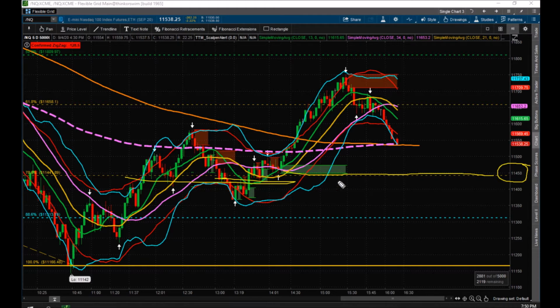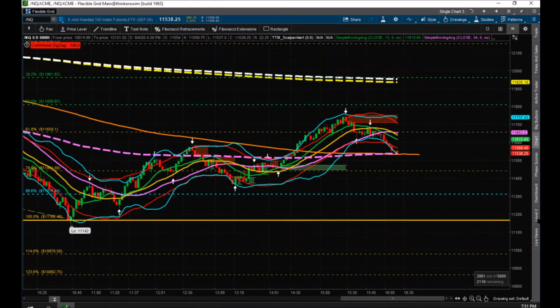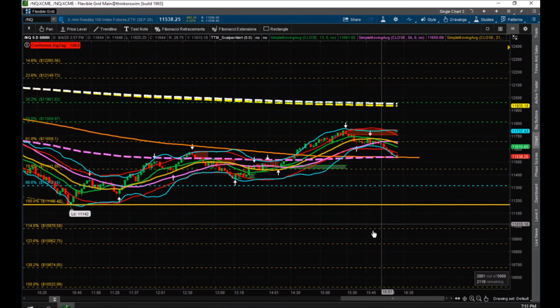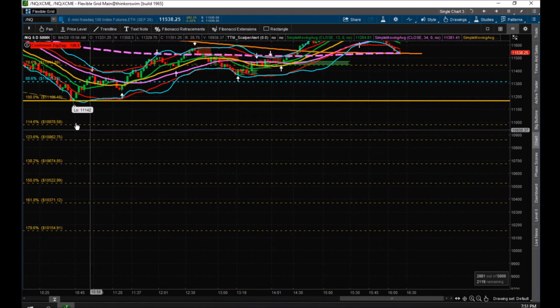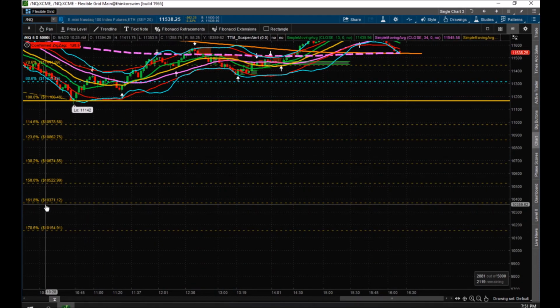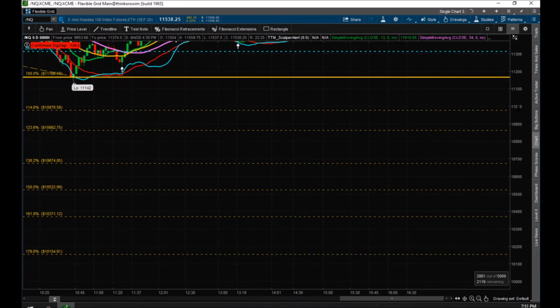If it fails that, we head back down here, and if it fails that, it comes back down here, and if it fails that, we could see another down move to these areas at the bottom.